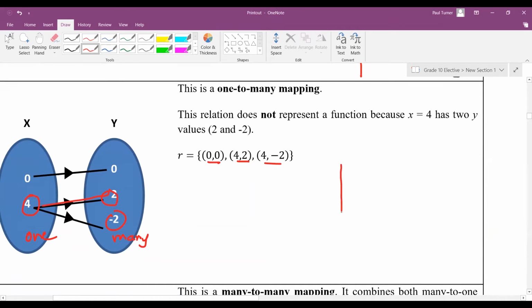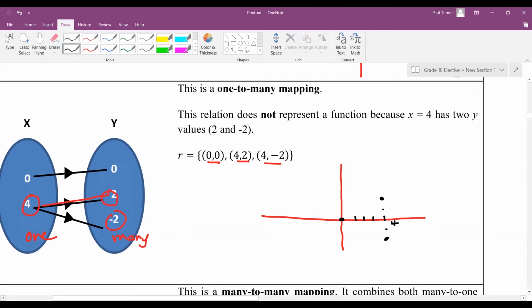If you're graphing that, we would have, okay, 0, 0, let's draw the point. So 0, 0 is here. That's not a problem. We have then 4 to 2. So 4 is here. This is 4 to 2. But then you have 4 to minus 2.